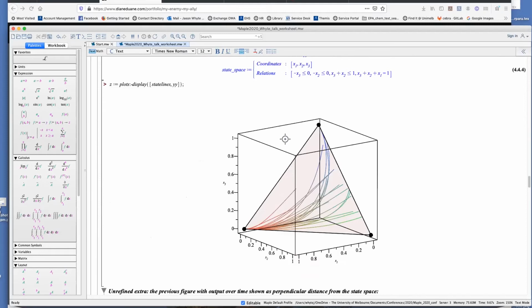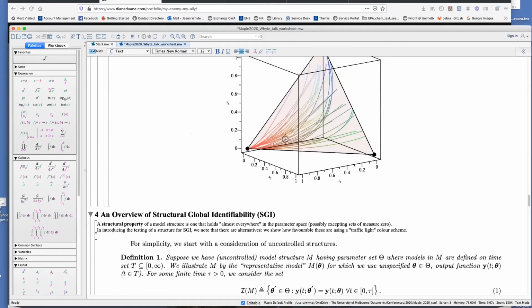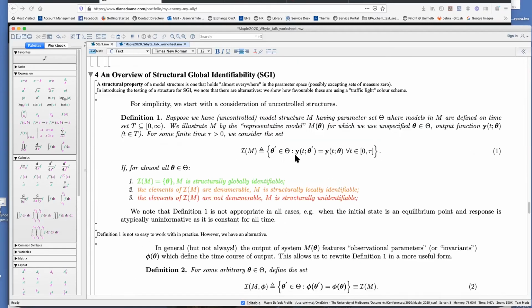I'm going to skip through a fair bit of detail, but basically this is the core of the problem. Let's say we have our observations y for some interval of time, and we're looking for the alternative parameters theta prime, the alternative to theta, which can exactly reproduce that data. Depending on the number of solutions that comprise this set, we may or may not have a useful model at the end of it, which can be very frustrating.